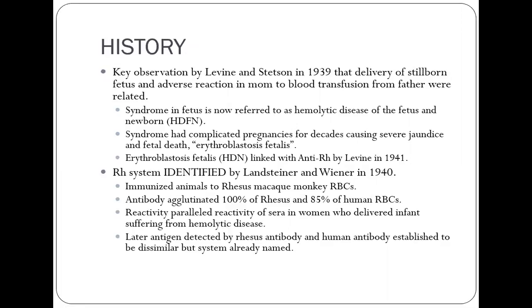The name of the Rh blood group system was already established, so they associated this rhesus antibody with the LW antigen system. It's important to recognize that it is possible to see very similar antibodies that are not both associated with the Rh blood group system. One is LW, one is Rh.